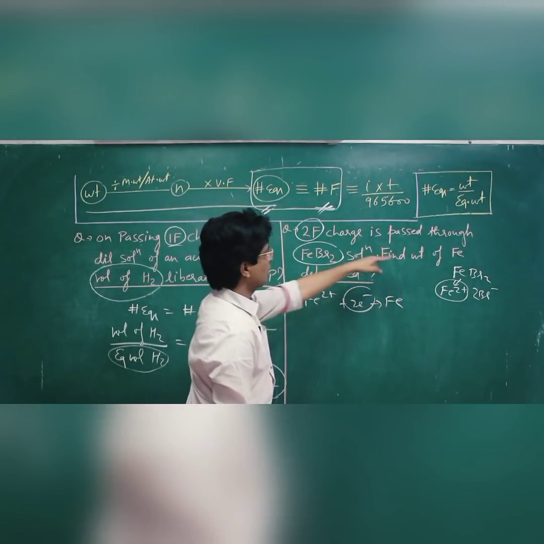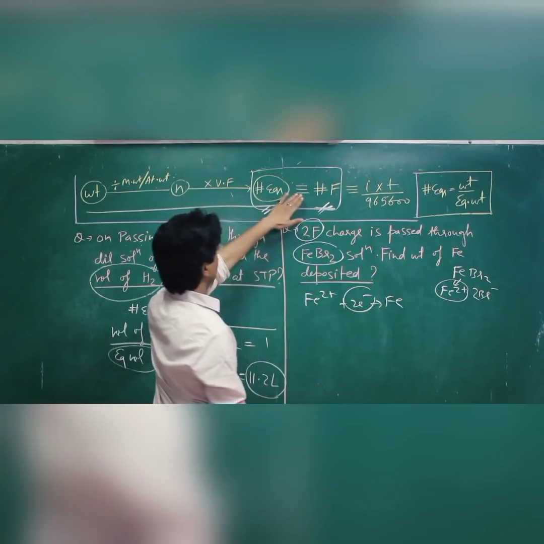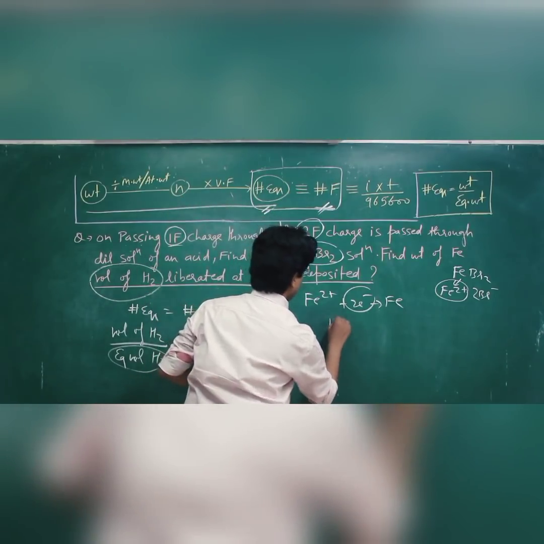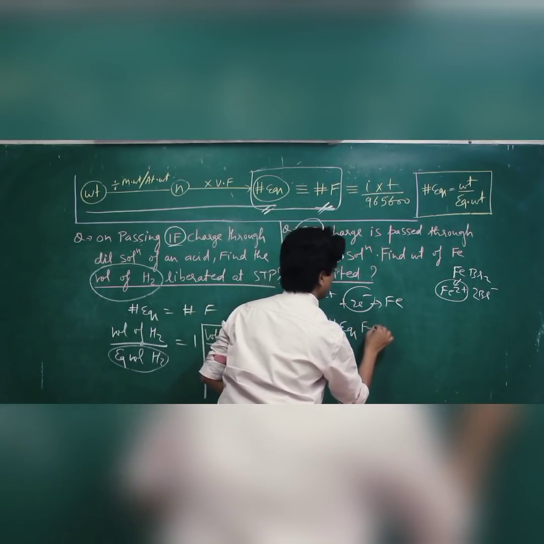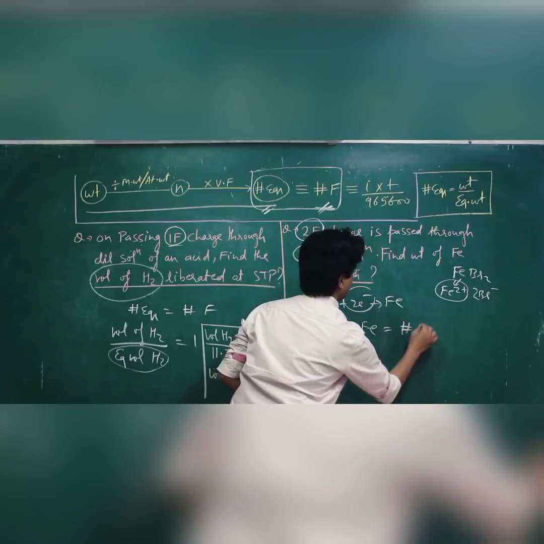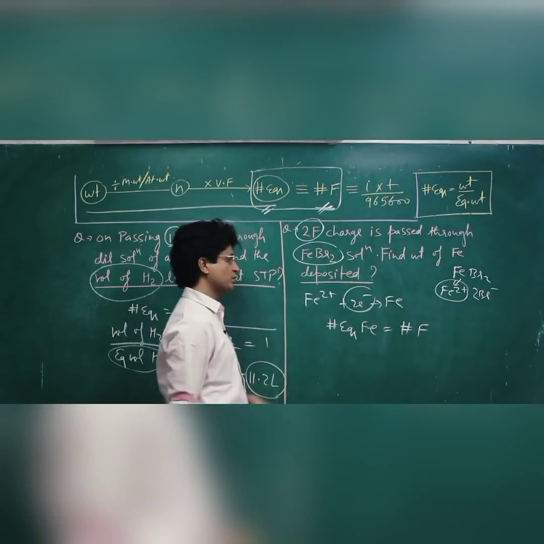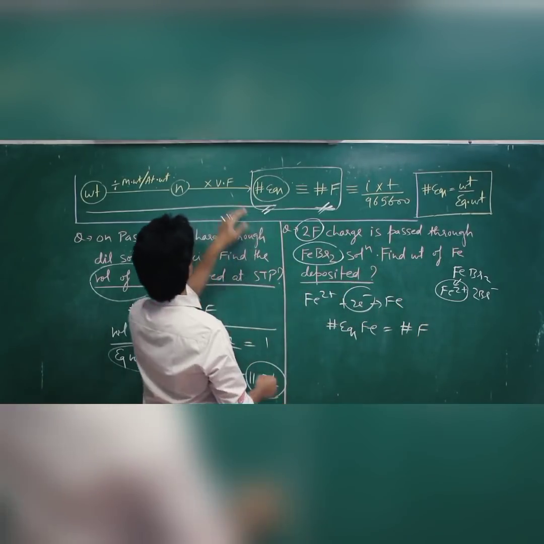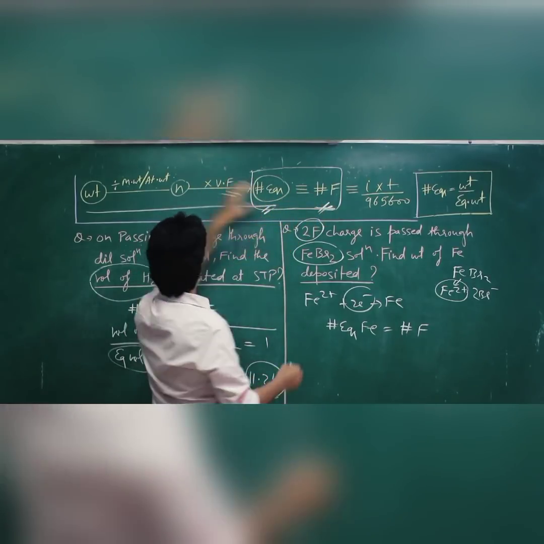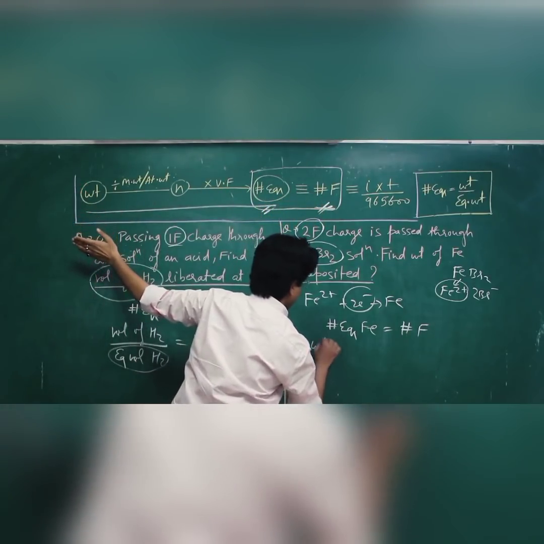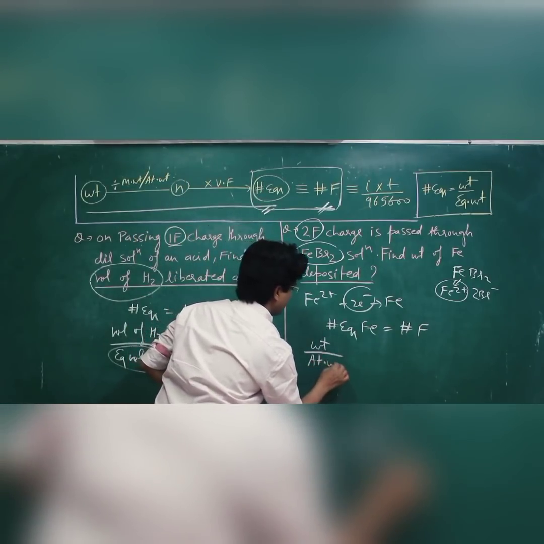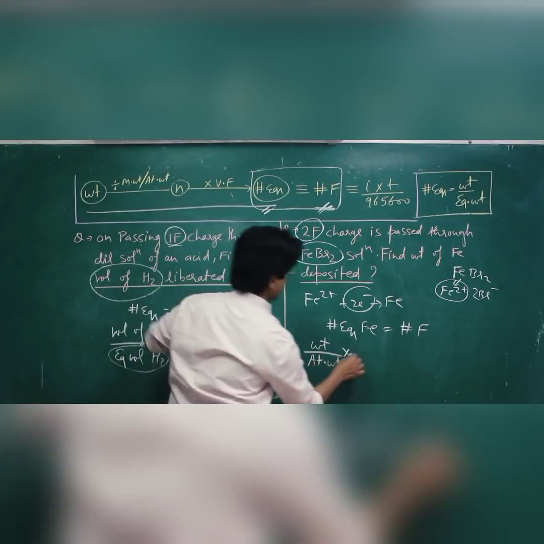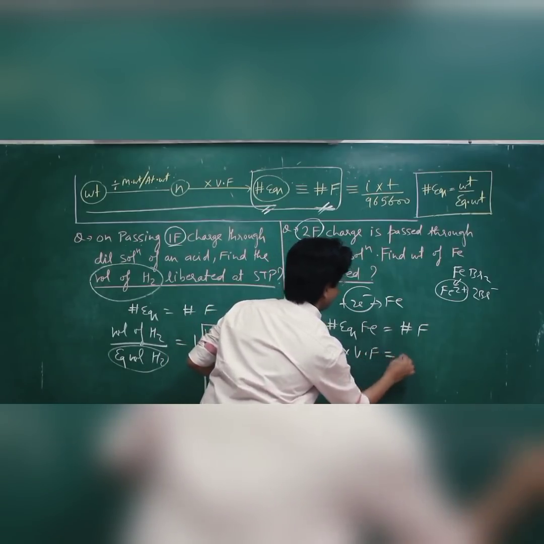I am supposed to find out the weight of iron. So number of equivalents of iron should be equal to number of Faraday, number of charge passed through. So number of equivalents will be weight upon equivalent weight, or I can begin with weight upon atomic weight of iron into valency factor, which should be equal to number of Faraday.